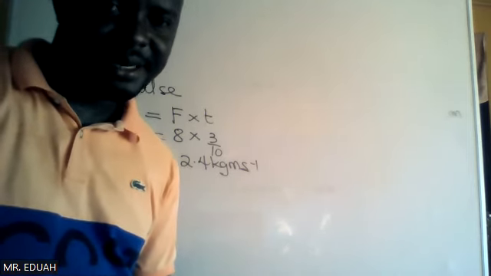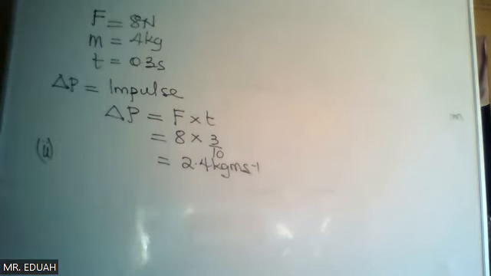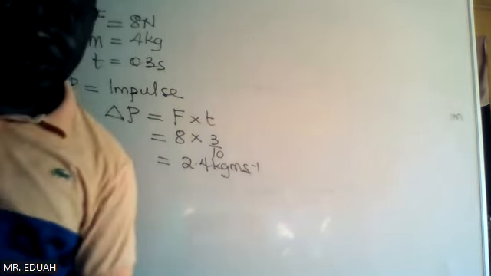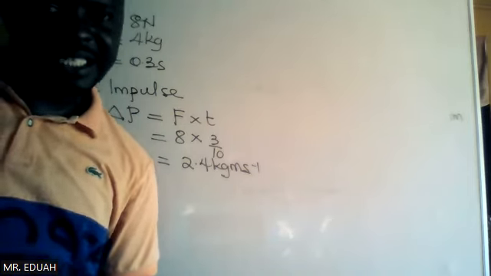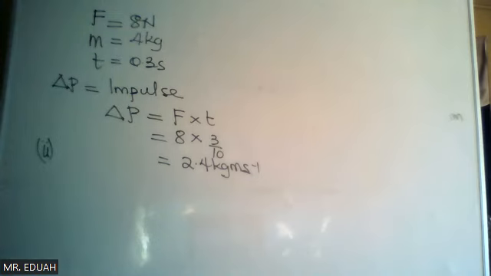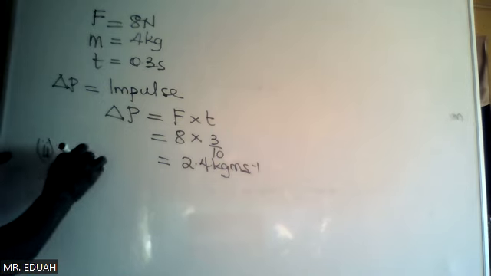Question 2: if the body was originally traveling at 5 meters per second, what is its final speed? The question has given us its initial velocity, which is 5 meters per second.